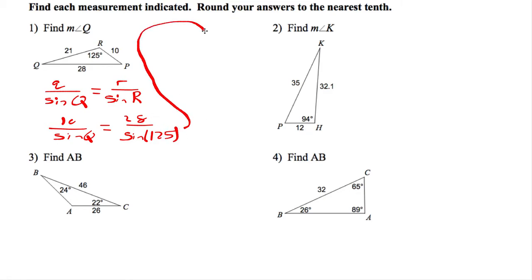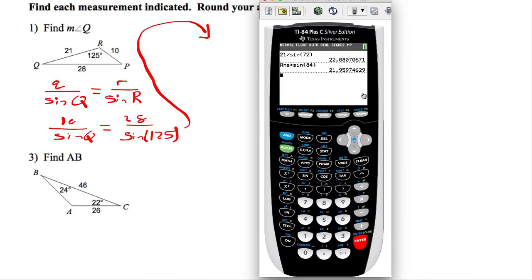So then I'm going to continue this up here. I'll do the rest on my calculator. So what I can do is do this value here. 28 divided by sine of 125 gives me this.